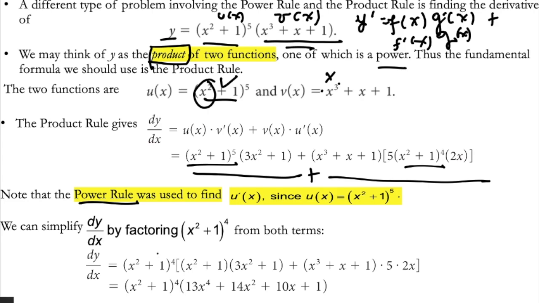So you take out (x squared plus 1) to the power of 4 here, and then the rest looks like this, isn't it? And then you simplify it further. Okay, so that's for the product of two functions involving power rule and product rule.